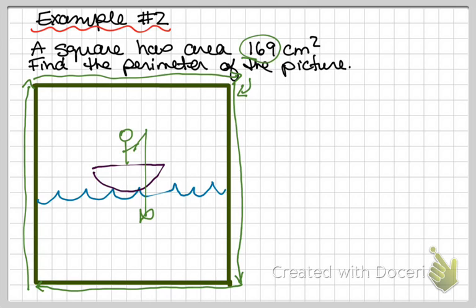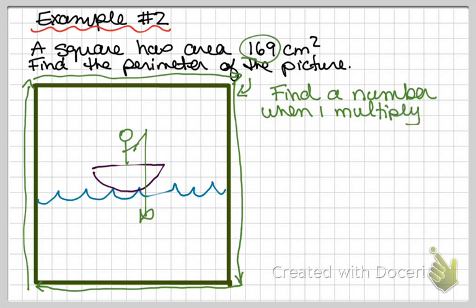So we need to find a number that when I multiply it by itself, gives me 169.